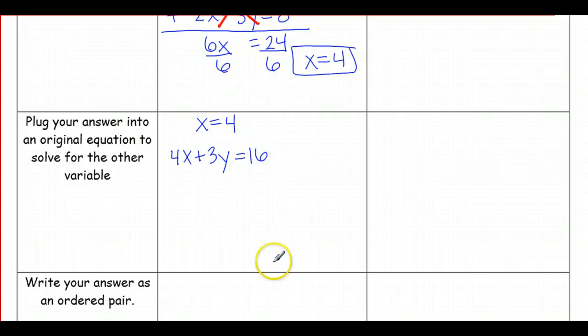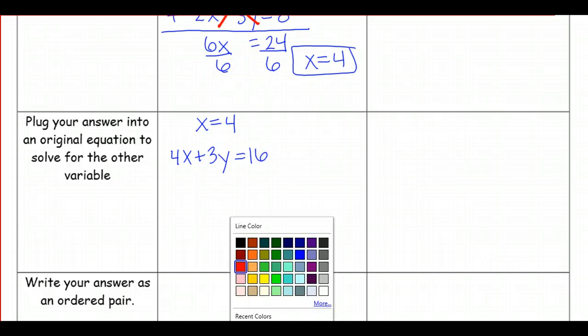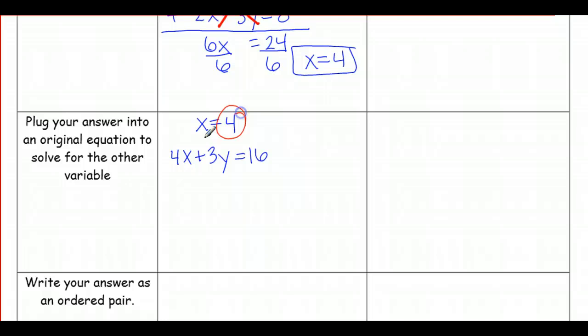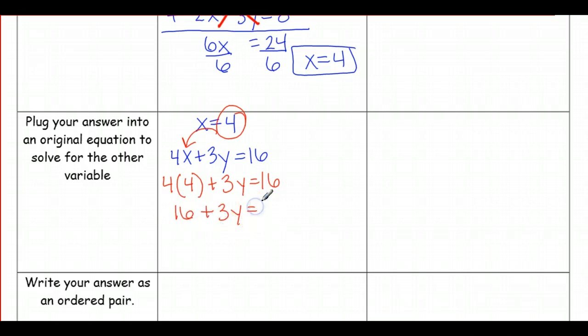Since I know that x is 4, I'm going to take the 4 and plug it in where x is. So we get 4 times 4 plus 3y equals 16. And we're going to solve this. 4 times 4 is 16 plus 3y equals 16.